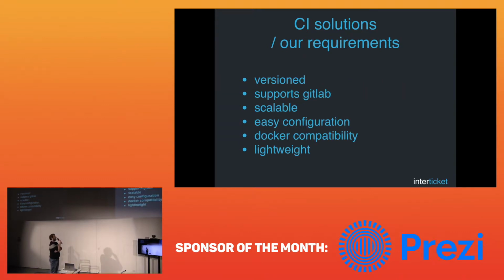So what were the requirements for picking a CI solution? It should be versioned, so every commit that is in the repository should be able to run the CI process on itself. It should support GitLab, as we are using that for source control.